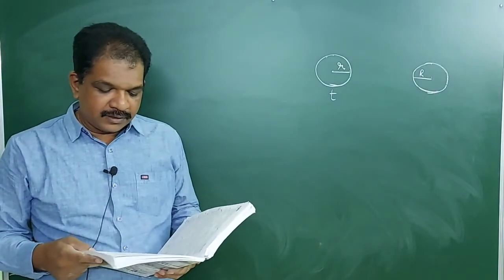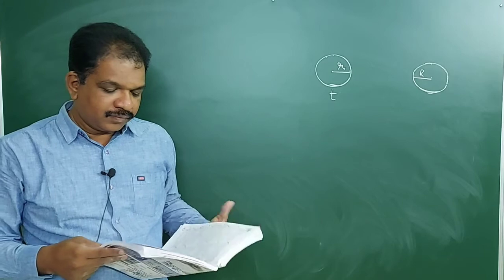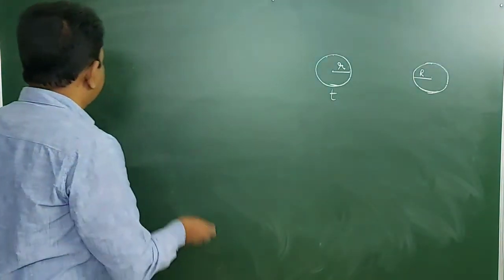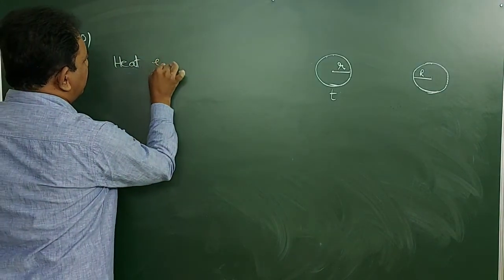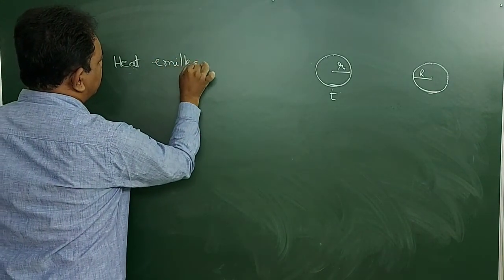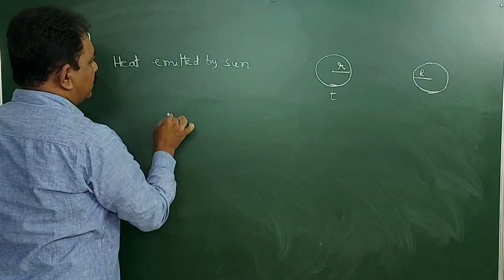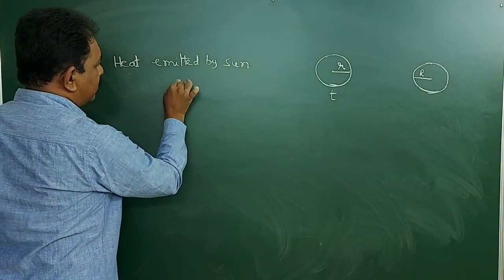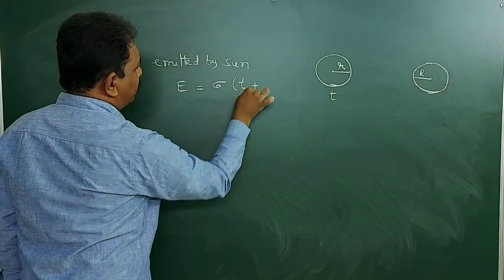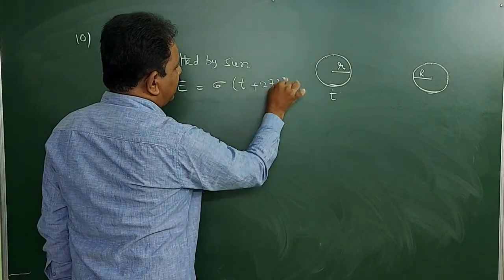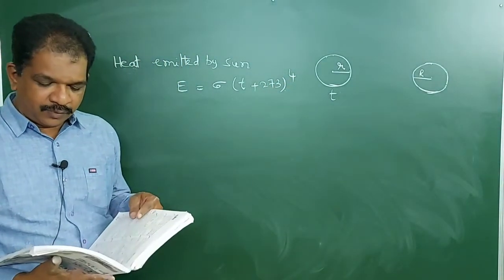That is the question. How much heat will be emitted by it? Heat emitted by sun, E is equal to sigma T power 4, capital T means small t plus 273 power 4.